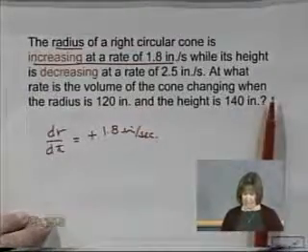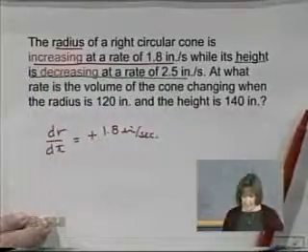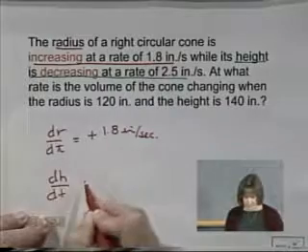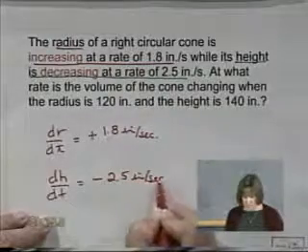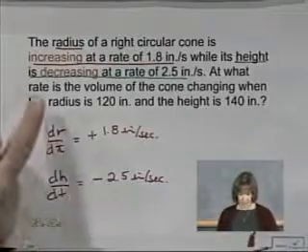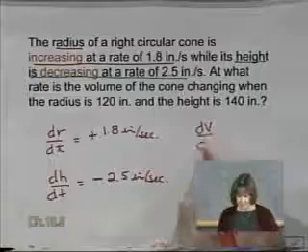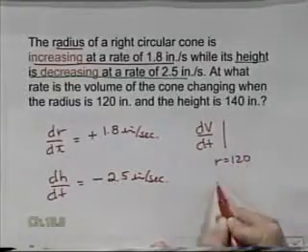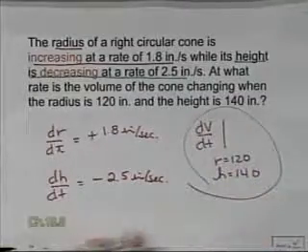Then they say the height is decreasing at a rate of 2.5. So dh dt, since it's decreasing, is a negative 2.5 inches per second. They want to know the rate at which the volume is changing, so they want to find dv dt when the radius is 120 and the height is 140. This is what they want us to find out.